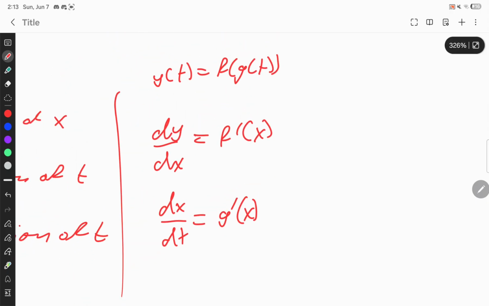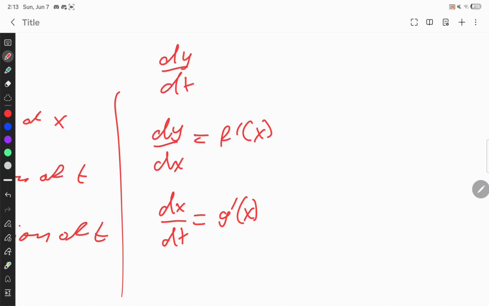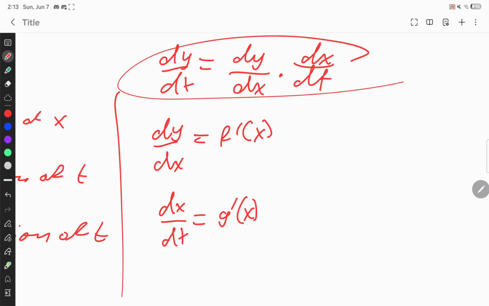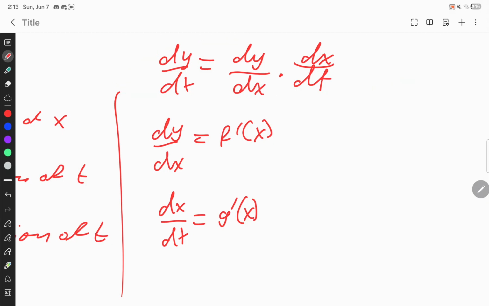What if we want to combine them? You want to find dy dt. dy on the top, dt on the bottom. What expression has dy on the top, like a fraction? Yes, dy by dx. If you multiply this by dx by dt, you get this expression. Now, we have solved the puzzle, but we have not solved the confusion. Why on earth does this work?